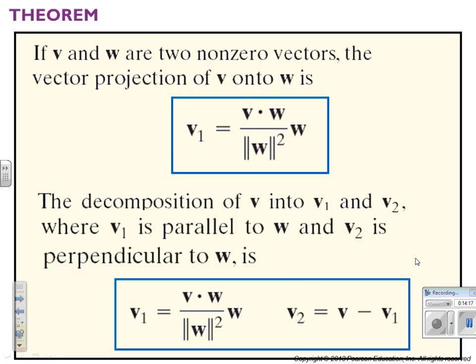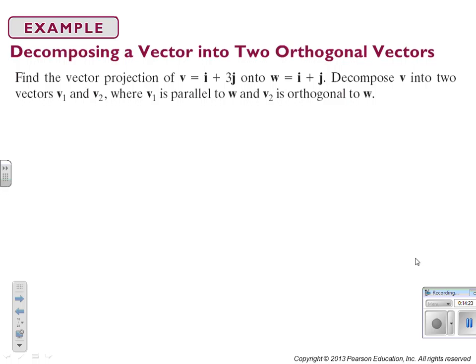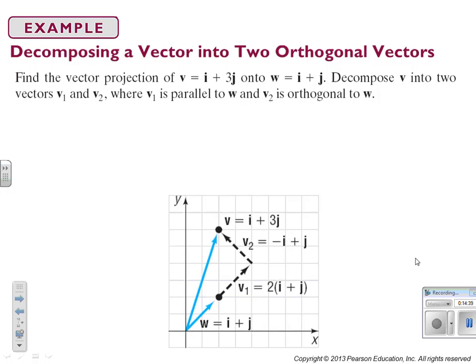And we'll show you why this is all meaningful in just a moment. Okay, find the vector projection of v equals i plus 3j onto w equals i plus j. Decompose v into two vectors, v1 and v2, where v1 is parallel to w and v2 is orthogonal to w. So the picture looks like this. w equals i plus j, so that's over 1 up 1.